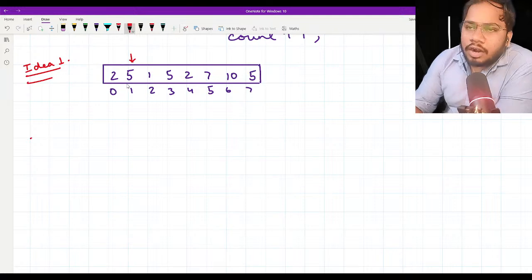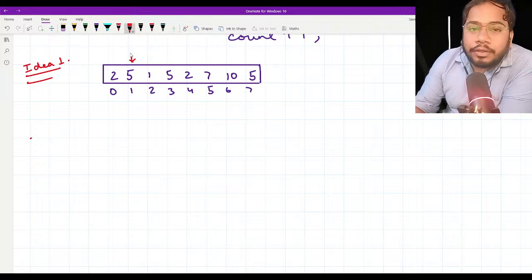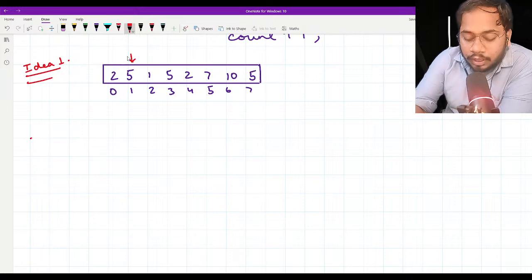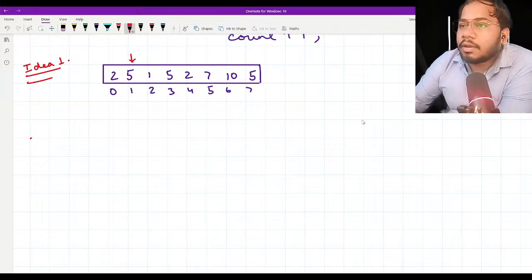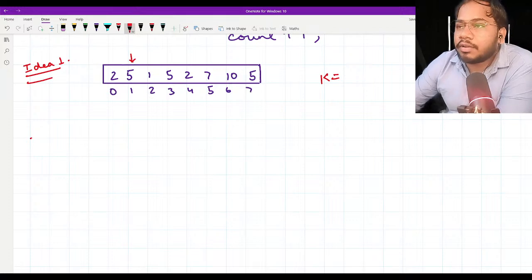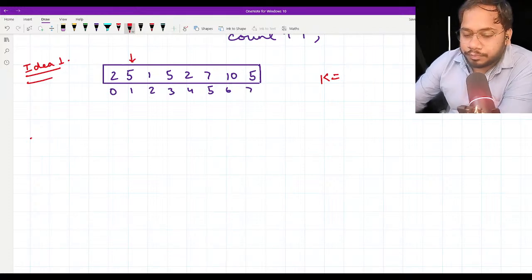We can start from 5 and check the previous value: if we add these two, does it sum up to k? What was the value of k? It was 12, right?